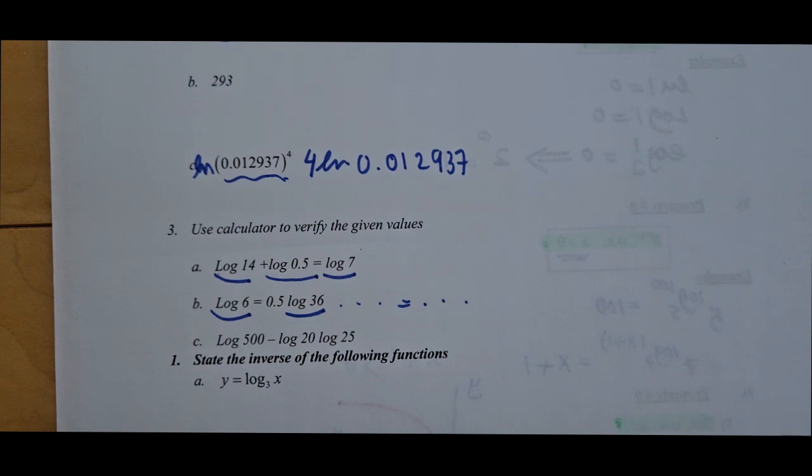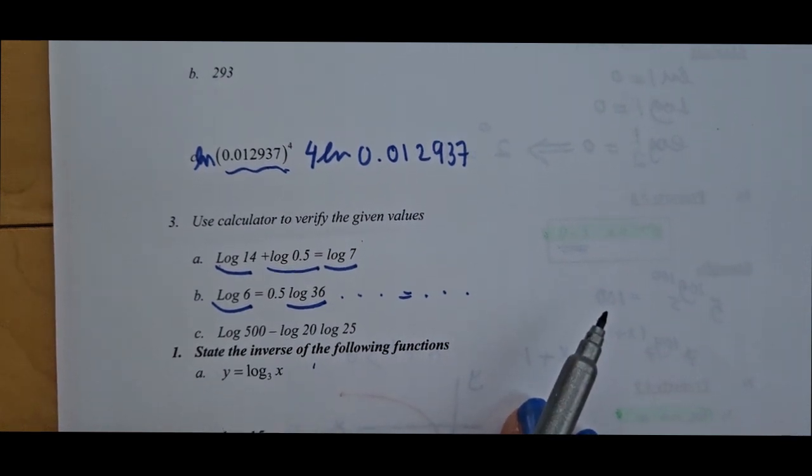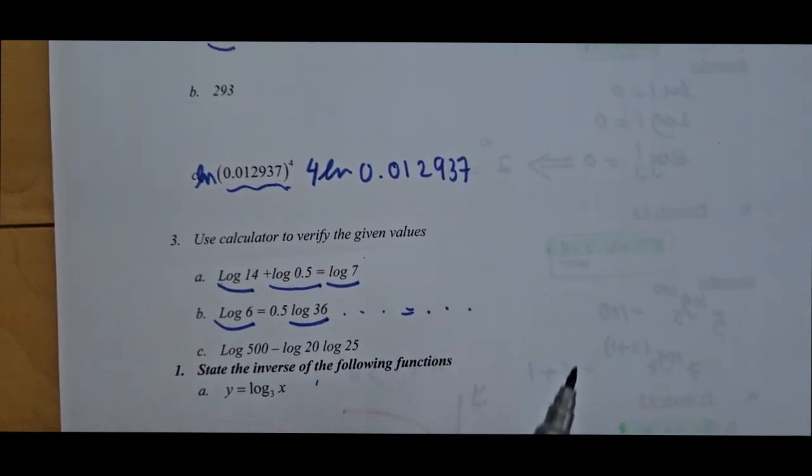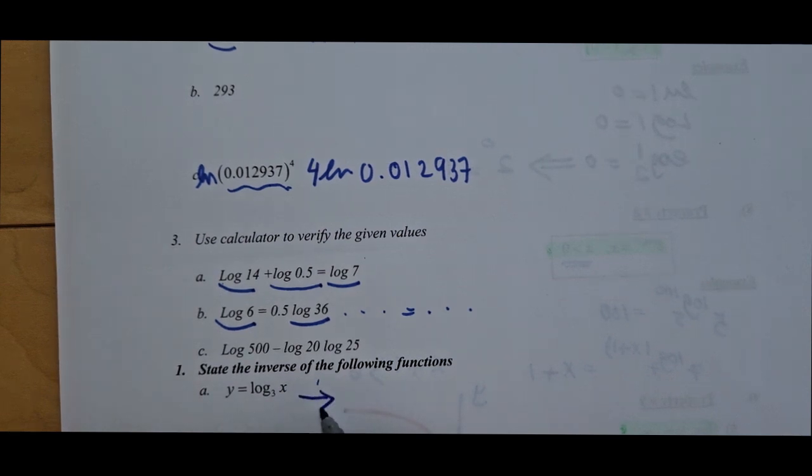So next question is, I give you the log and I ask you to find the inverse. If you remember from the first video, exponents and logarithm are exactly the inverse of one another. So here you just have to use the first rule to convert from logarithm to exponent.